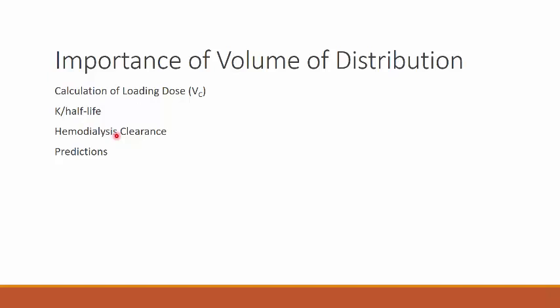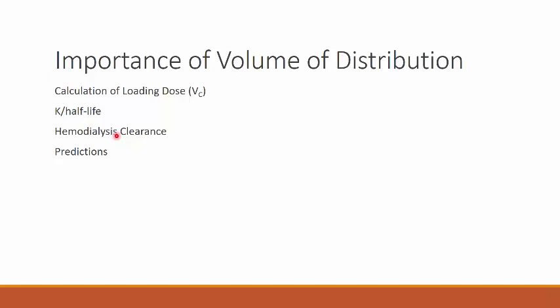Okay, so what do you think is going to determine whether a drug is dialyzed or not? Well, it's going to have to get into the blood. So if you have a drug with a very large volume of distribution, the drug is highly bound to tissue proteins. Therefore, it is stuck out in the tissue proteins and is going to take a long time to travel back into the blood in order to get over to the hemodialysis machine.